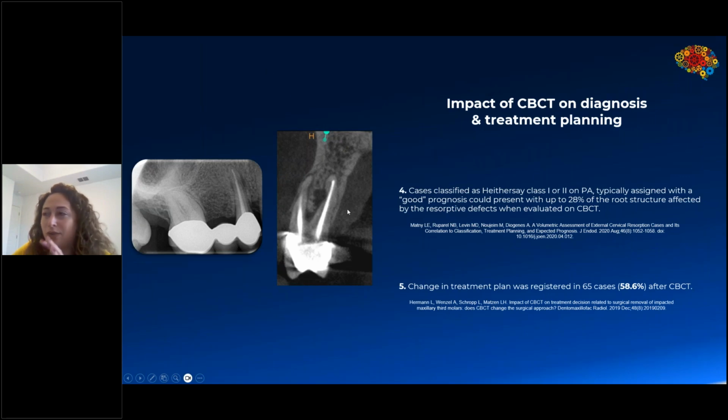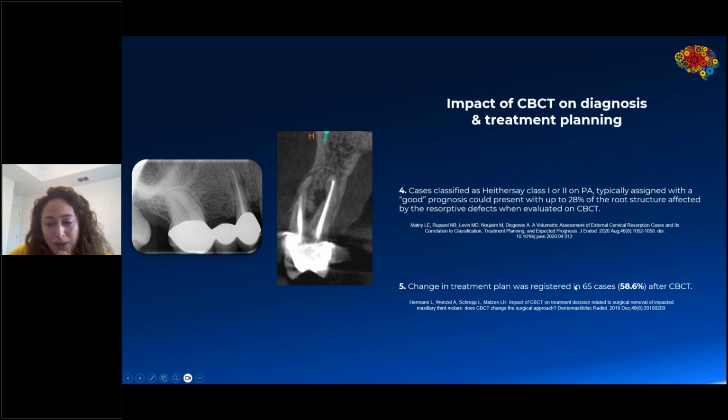And in our study, when we were looking at external cervical root resorption, some of the cases were determined to have a good prognosis on hearsay, and then when they actually took the scan, they decided this cannot be treated because the root resorption exceeded 28% of that root volume.